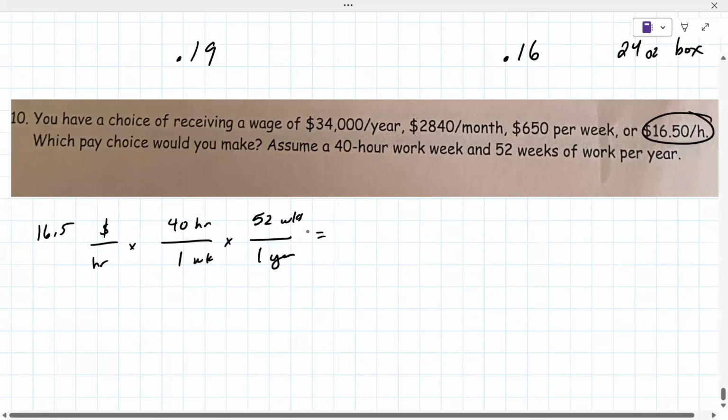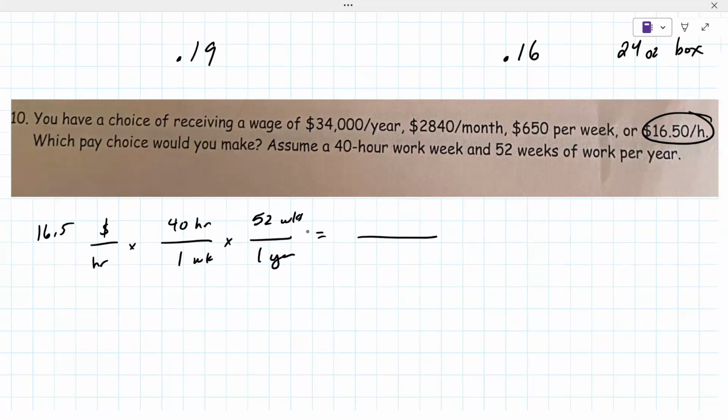That will give you the total for the year. So grab a calculator and let's see what that comes out to. All right, so that ends up being $34,320.